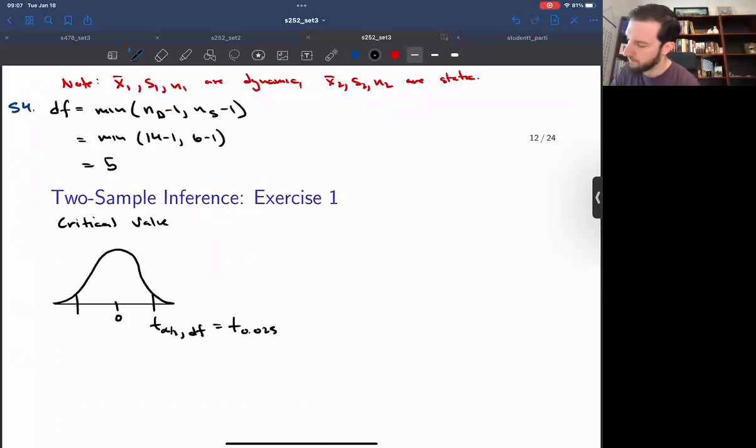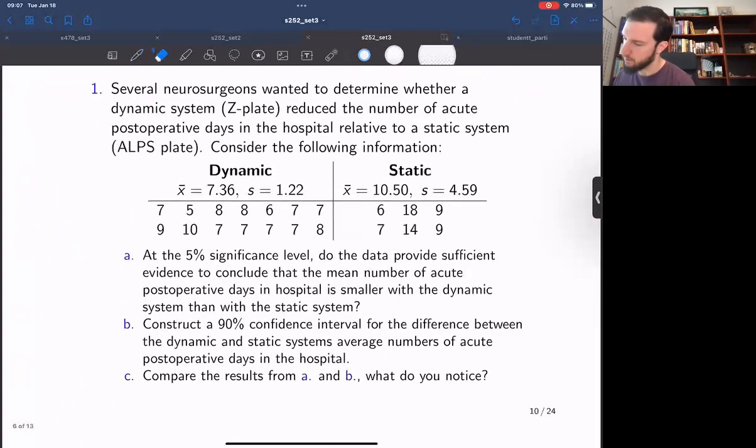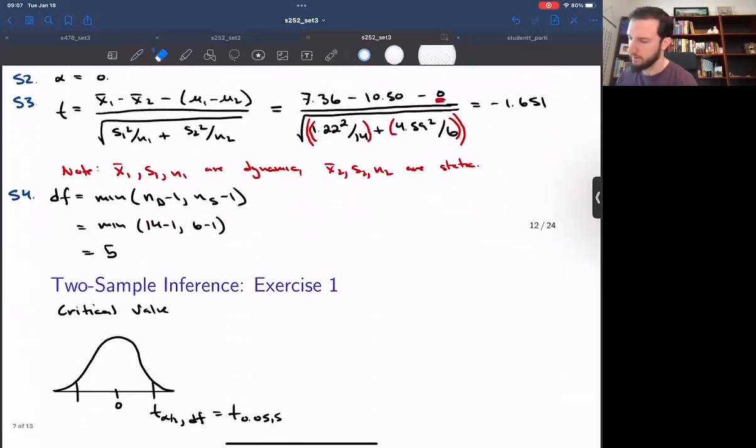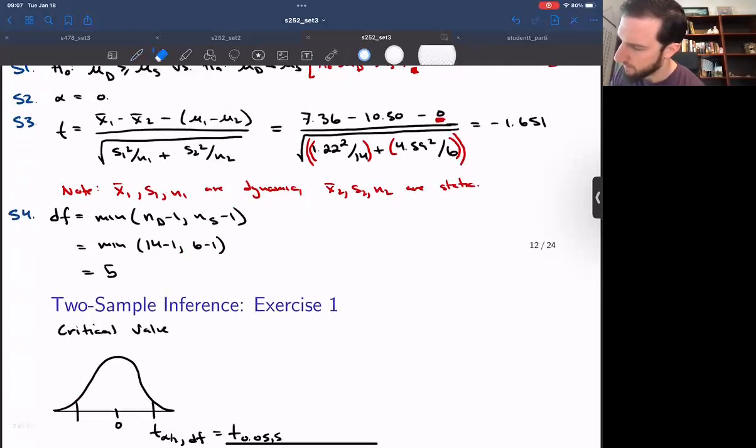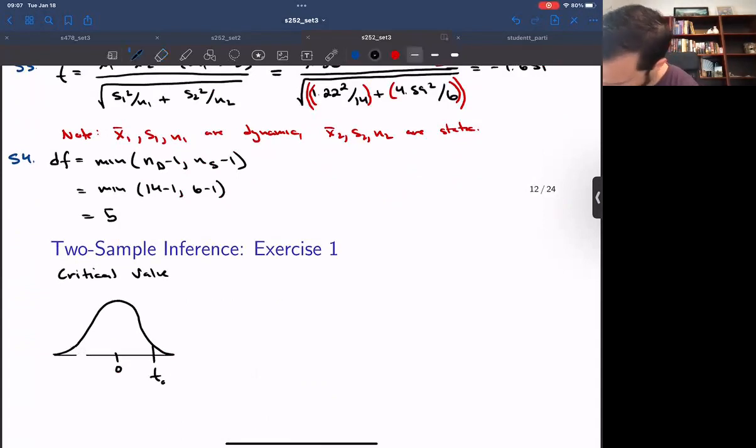Oh, sorry, 0.05 and 5. No, at the 5% significance level. Oh, it's a one-tail test. And it's a lower tail test too. Okay, sorry about that. Got a little ahead of myself.